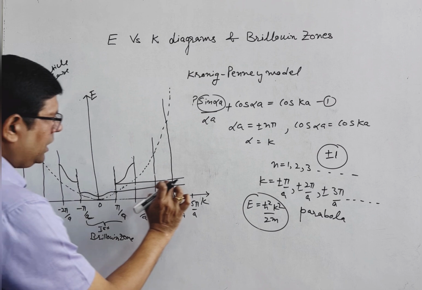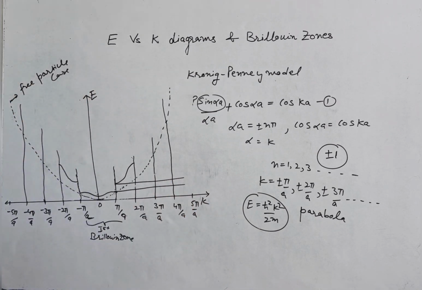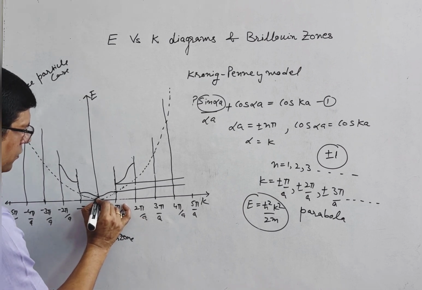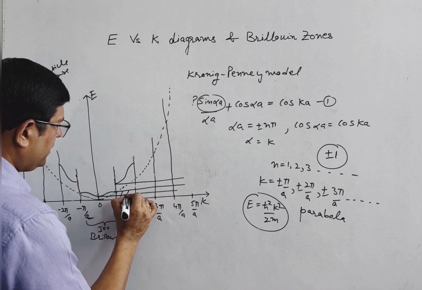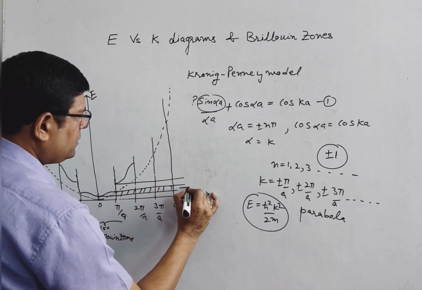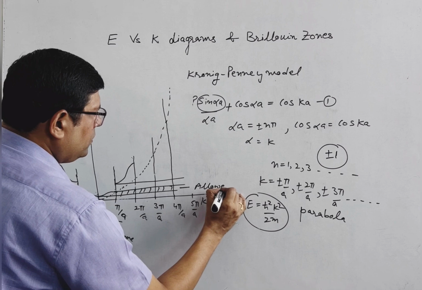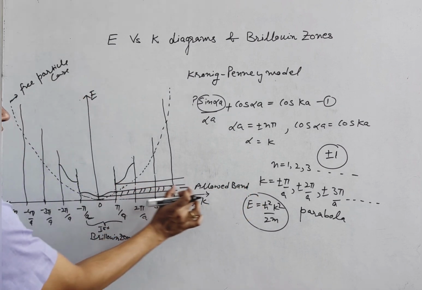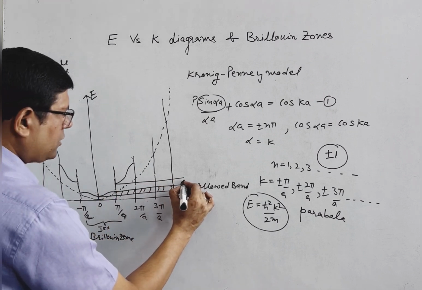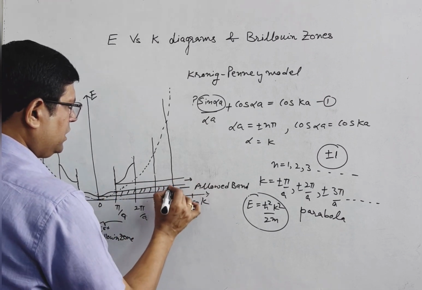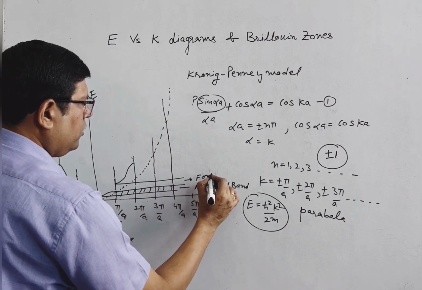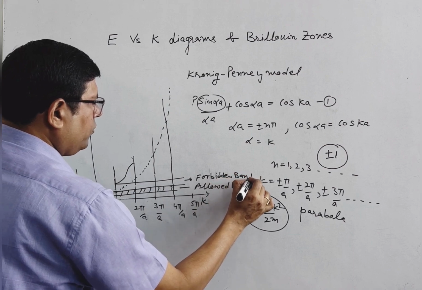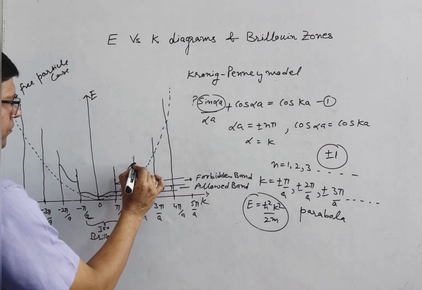In this region the electron is not allowed, while in this region the electron is allowed. So this is an allowed band. For these energy values the electron is allowed, and for these energy values the electron is not allowed. So this band is the not allowed band, or forbidden band.